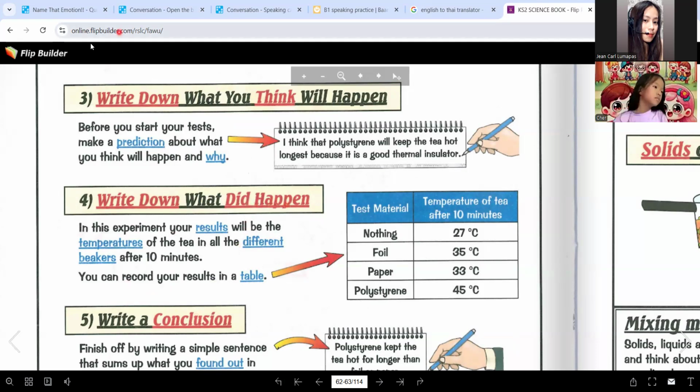Okay, read it first. Write down what happened in the experiment.